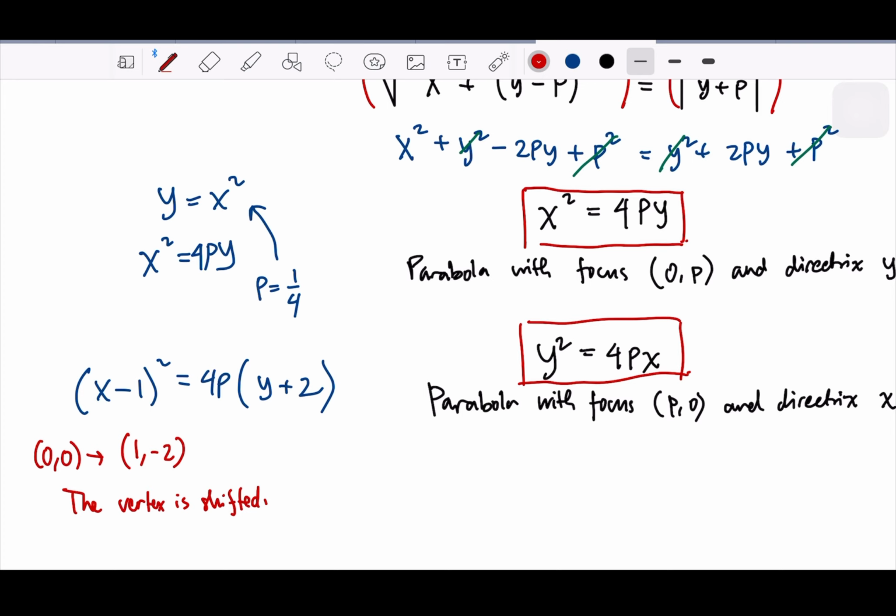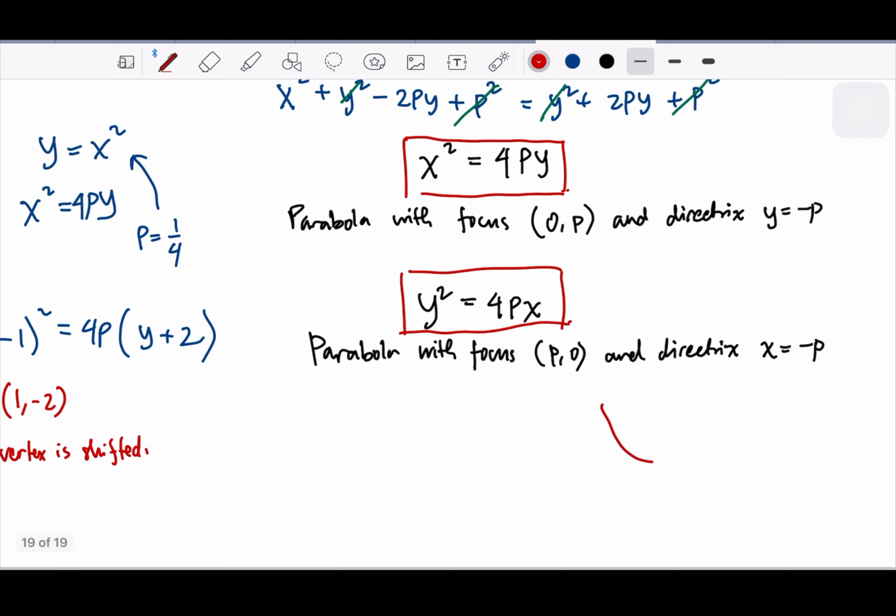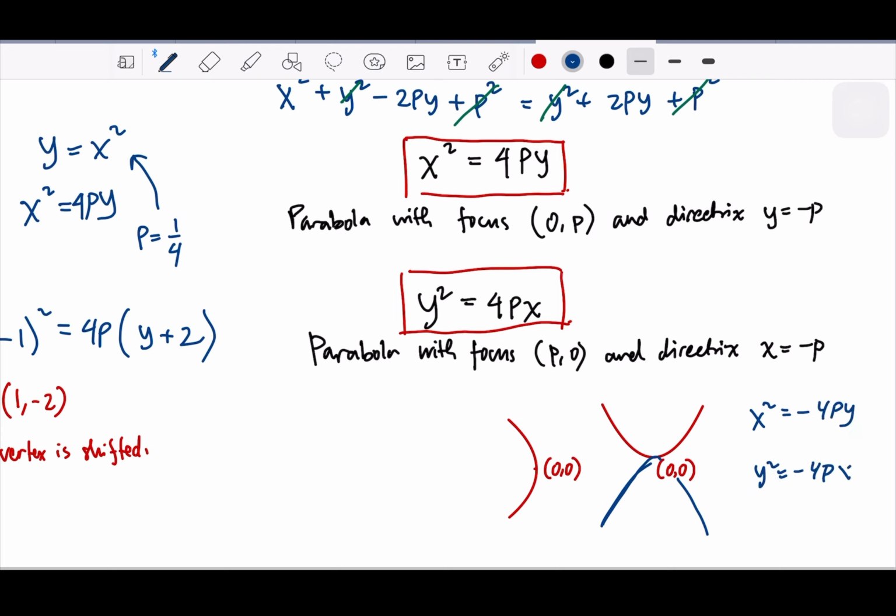Because for both of these, for example here, the vertex is (0, 0), and for the other one here, this is also (0, 0). And depending on the equation, you can multiply by a negative and then it will be mirrored. So x squared equals negative 4py can also be mirrored like that.